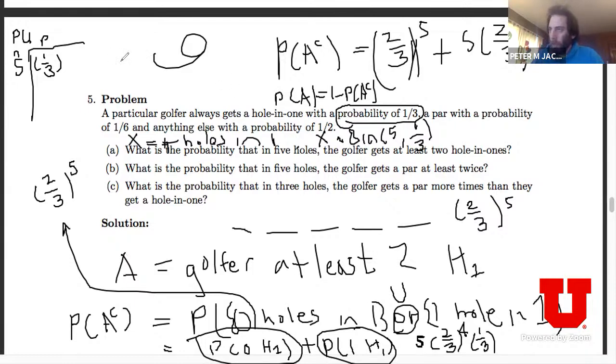So if you're thinking about it from the point of view of Bernoulli trials, instead of p being 1/3, they're getting a par, so the value of p is 1/6 now, and everything repeats. We could have used the exact same strategy that we used for part A. The strategy is the same. Okay.